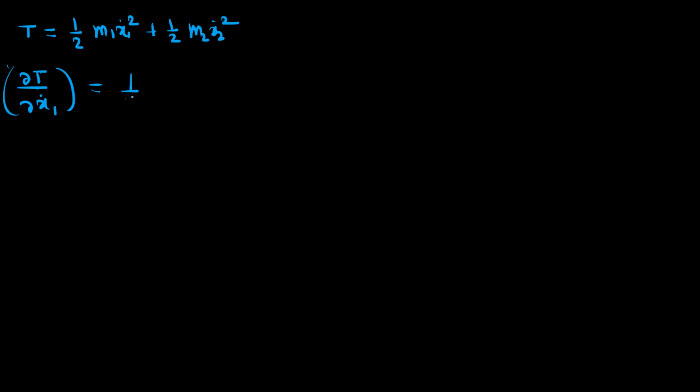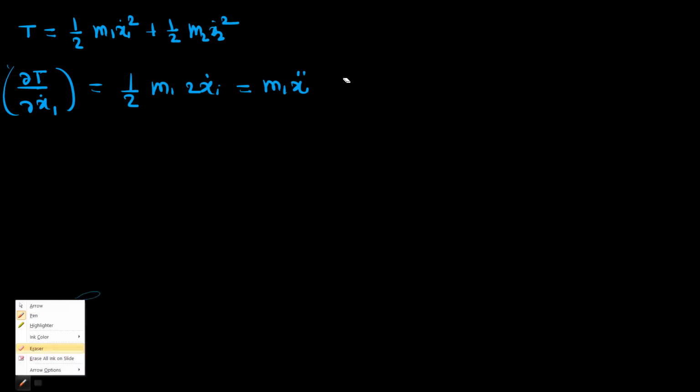So this differentiation is 1 by 2 m1 times 2 x1 dot, so it will become m1 x1 dot only.